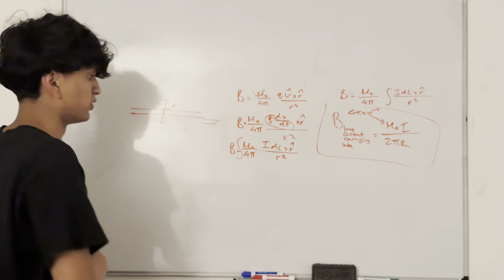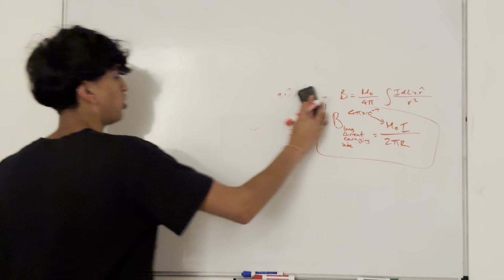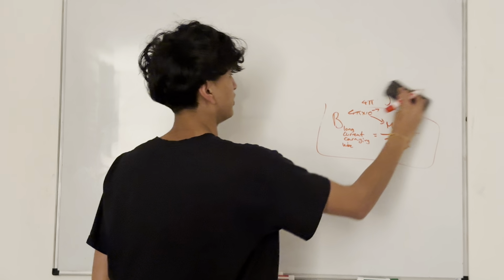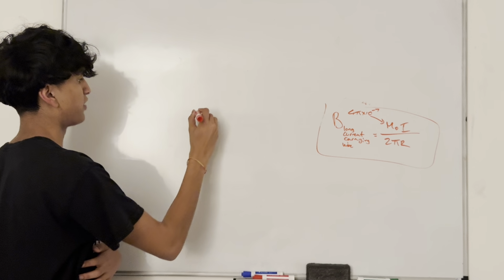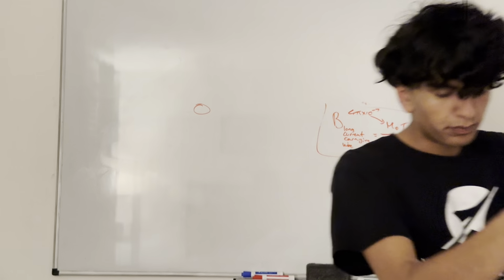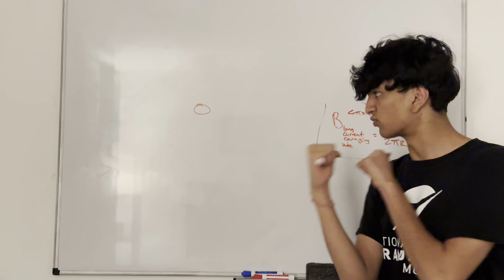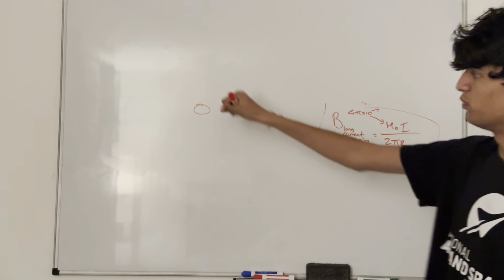Yeah, so let's just take a look at what that looks like. Hopefully in class you learn that out of the page is a dot and into the page is a cross. Let's say I have current going out of the page, so it would be a dot.